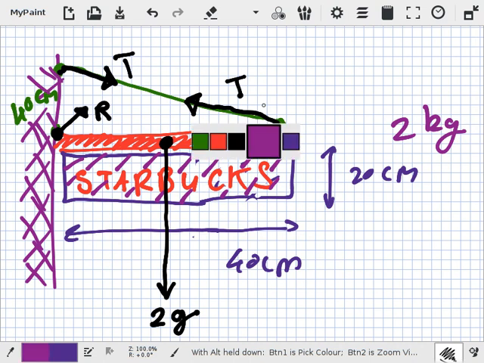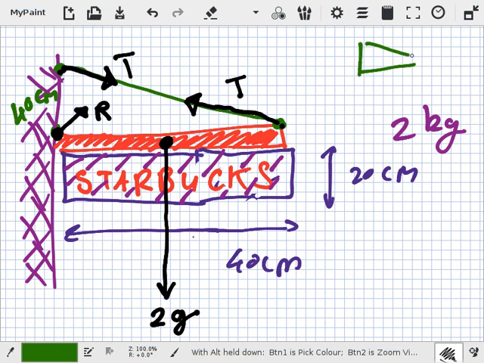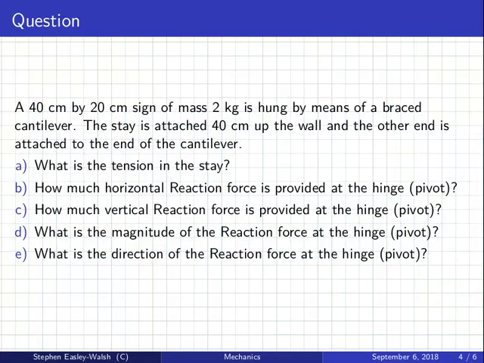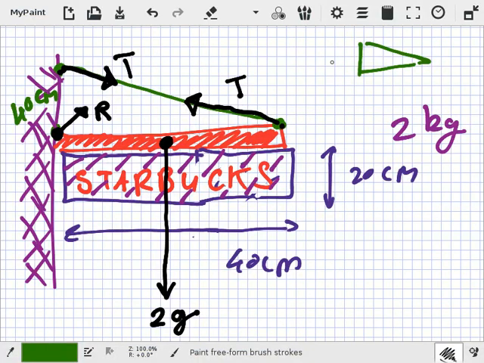So we should find, before we start, some missing angles. So if I just draw a triangle here, did I get my info right? This side here is 40 centimeters. This side here is 40. So could we know this angle? We could. How will we get this angle? Opposite and adjacent, so tan.